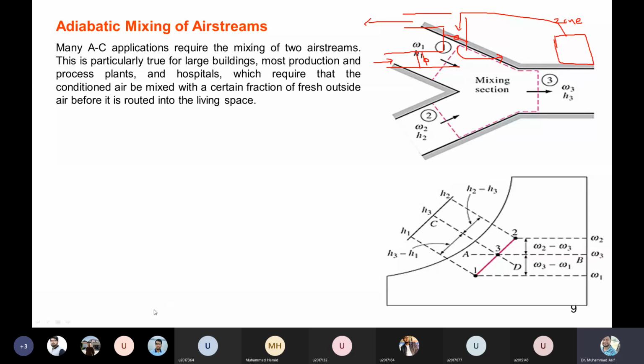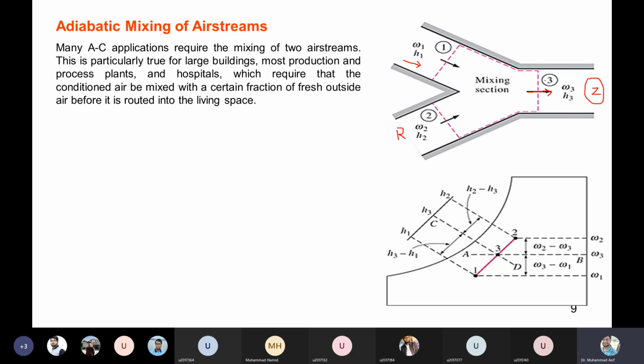When they are mixed together, the new condition that is supplied to the zone is different from the other two conditions. So how do we predict this condition?